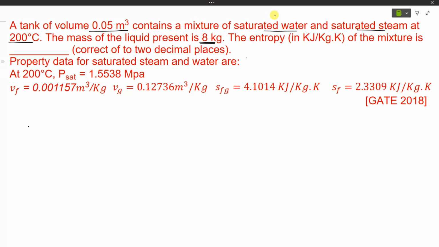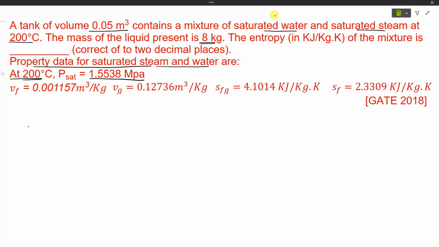Property data for saturated steam and water are: at 200 degrees Celsius, the saturated pressure is 1.5538 megapascal.